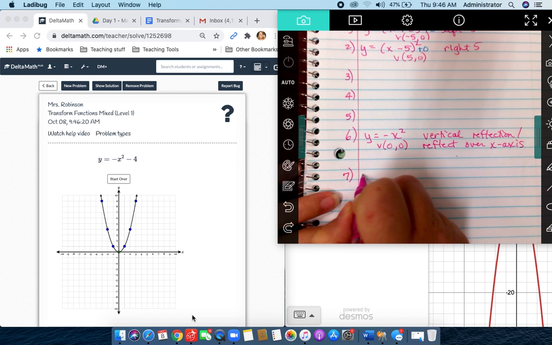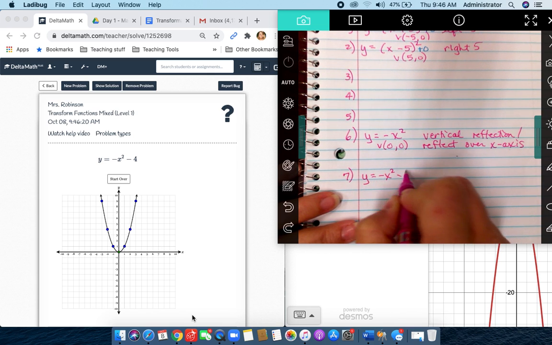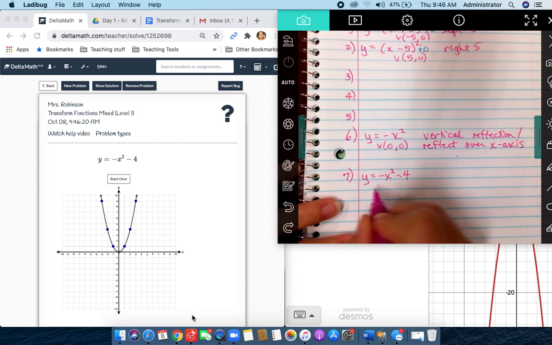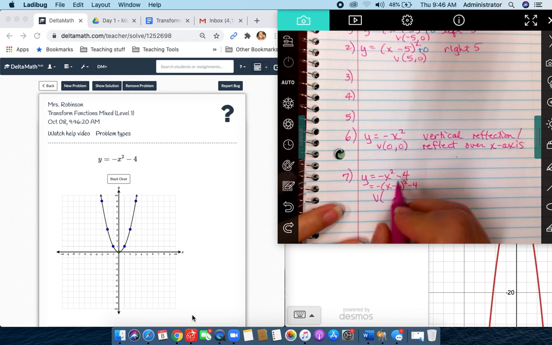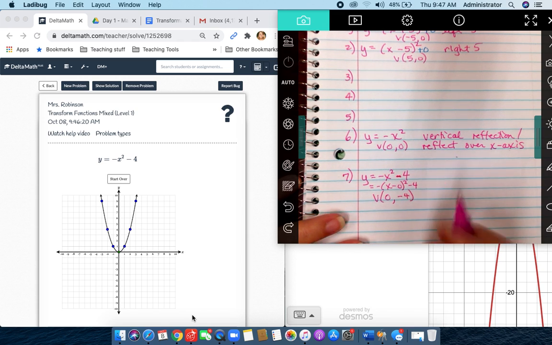For number 7, if I have y equals negative x squared minus 4, you've got to remember there's nothing in parentheses, and when there's nothing in parentheses, that means that technically it was, you don't have to write this down every time you do it, but I just want you to see that when there's nothing going on in parentheses, that means there is no horizontal shift. This minus 4 is our vertical shift, meaning we go down 4. So switch, keep, (0, -4).